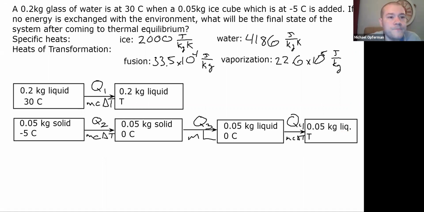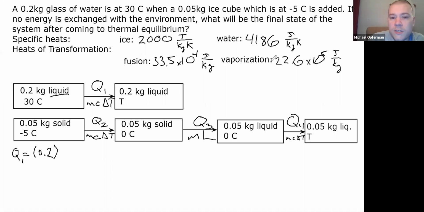Okay, so the next thing you would do is start calculating out all these Qs using the information that we learned previously. For Q1, again, this is an MC delta T type process like I wrote there. I'm just going to try to save some space here because I see I have a lot of stuff to calculate. So M is 0.2. I'm going to go ahead and drop the units and just use all SI at this point. C, I notice that I have liquid water here.